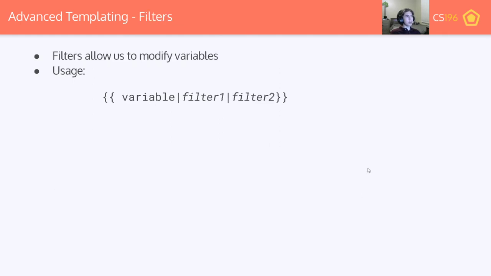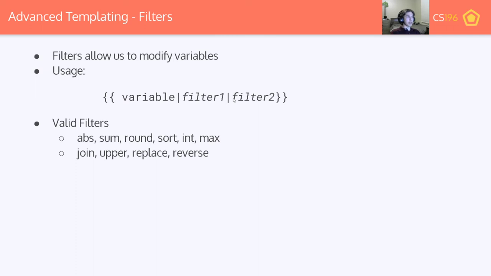So let's learn about one of the new tools that we're going to be introducing this lecture, and this is going to be filters. We'll see some examples of this as we go, but let's dive into it for a second here. Filters allow us to modify variables, and this structure is not really something that we've seen before. You have the variable name here, and then we follow it by a pipe, and then the filter names, and we can chain these together.